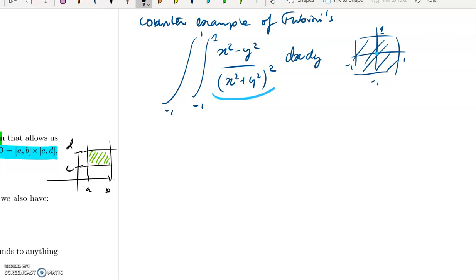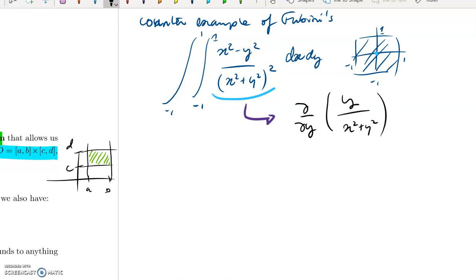We can see that this function can be seen as d over dy of the function defined by y over (x² + y²). I will let you do the calculations, so take some time to recalculate that derivative.